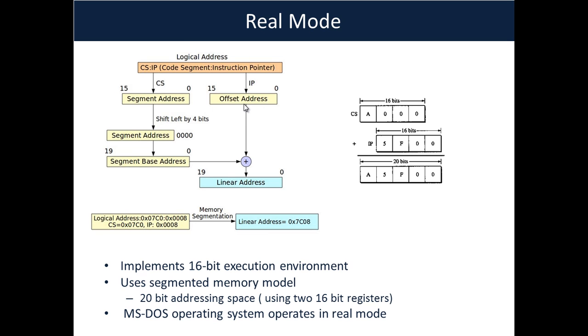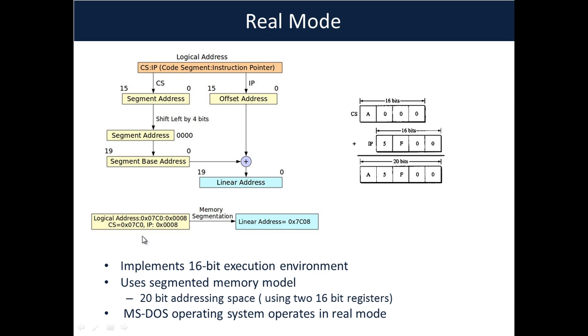Now the trick of enabling a 20-bit addressing space is to shift the segment address to the left and add 4 bits of zeros. So basically, we've shifted the segment address by 4 bits. This gives us what is called the segment base address. Then we add the offset address to the segment base address to get the linear address. This is the actual address which is used to address the 20-bit addressing space.